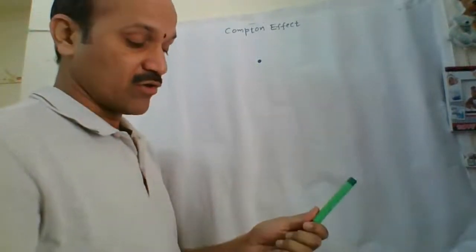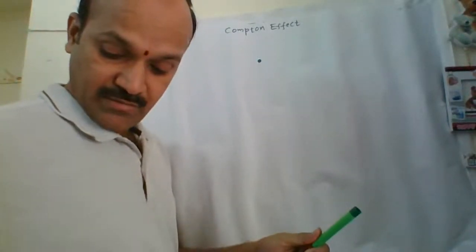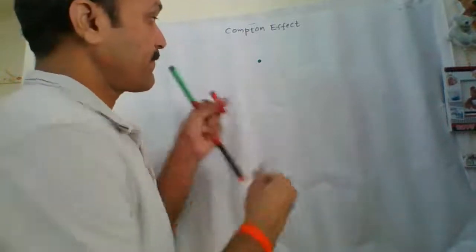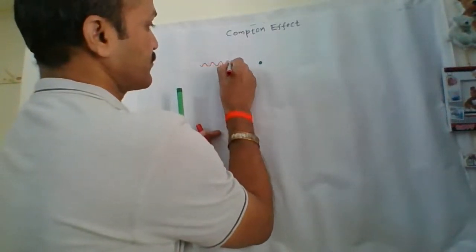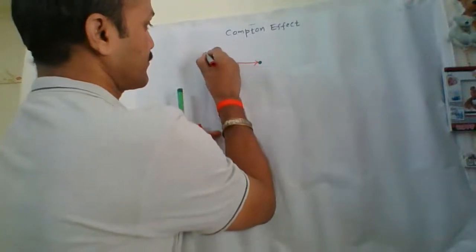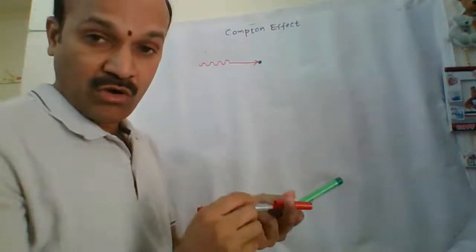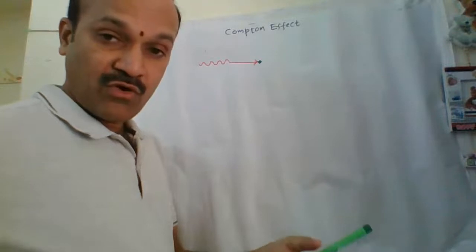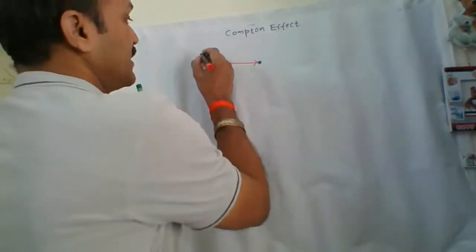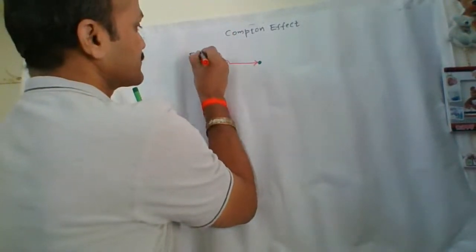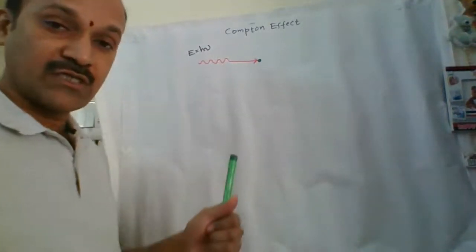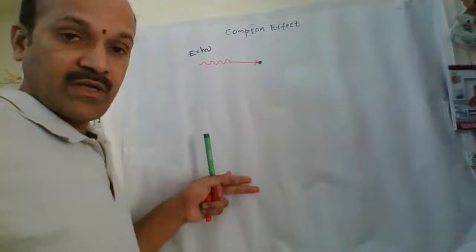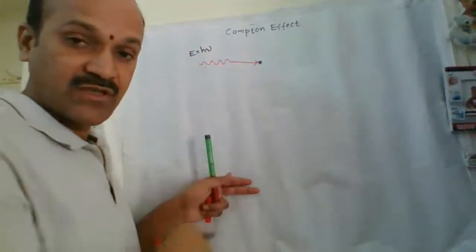A photon of energy h nu hits the electron, collides with the electron.